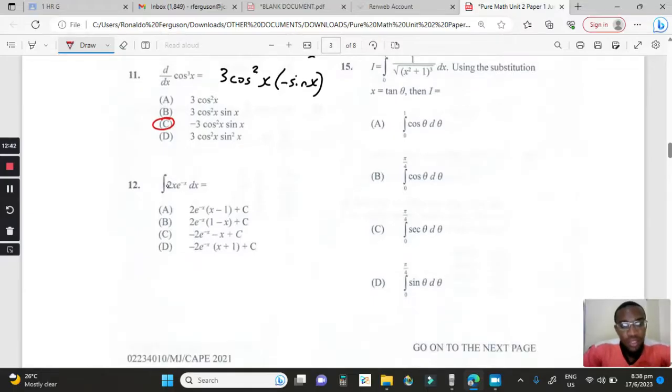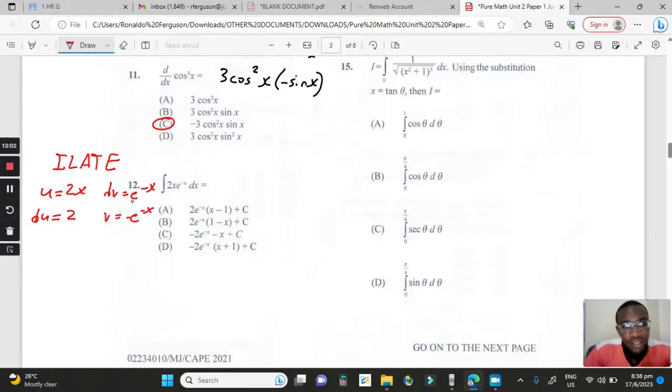This one, we're going to have to use integration, and integration by parts. ILATE tells us that algebra comes before exponential. So our u is equal to 2x, so our du is 2. Our dv is e to the minus x, so our v is negative e to the minus x. Remember, you integrate this.